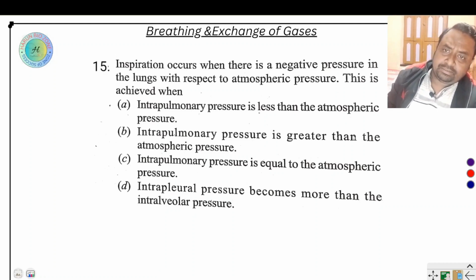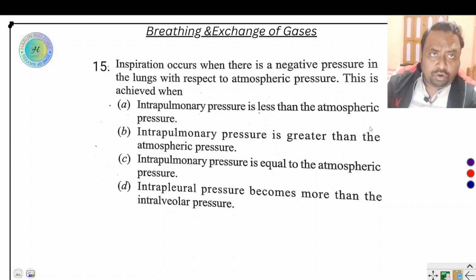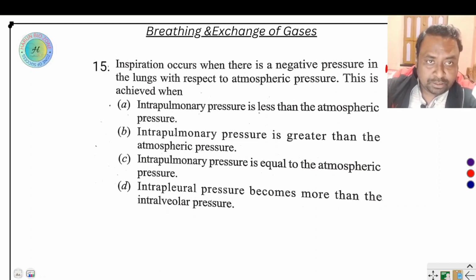Always air transfers from high concentration to low concentration. So when the atmospheric pressure is higher than lungs pressure, then air enters. So here intrapulmonary pressure is less than the atmospheric pressure.